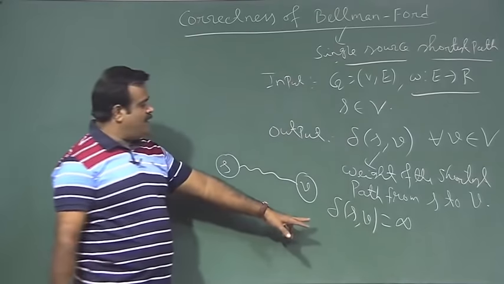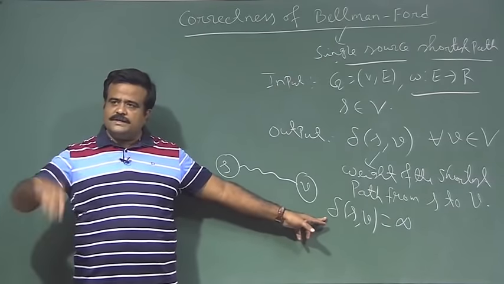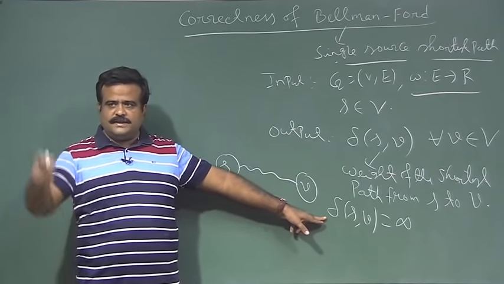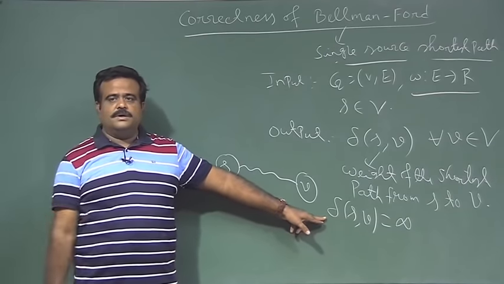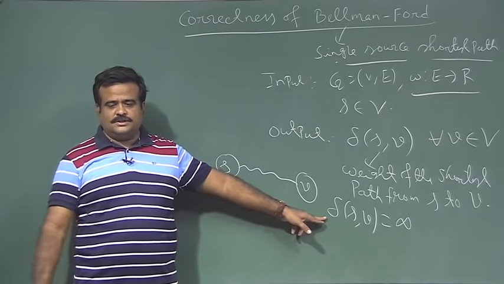This can happen if either there is no physical path from S to V, or there is a path from S to V, but there is a negative cycle in that path. In that case, the shortest path will not exist.